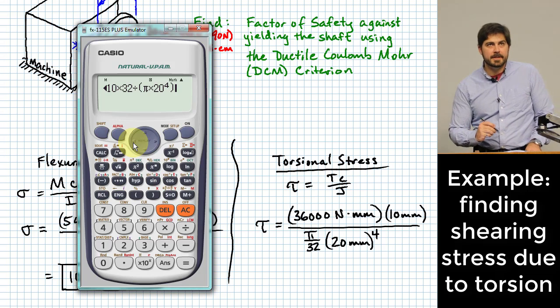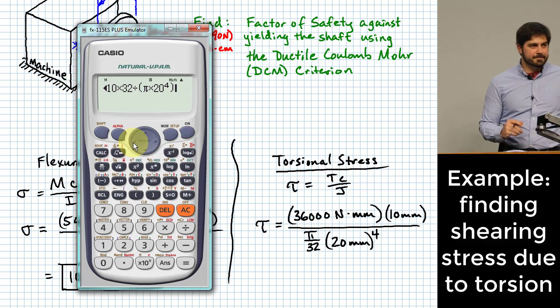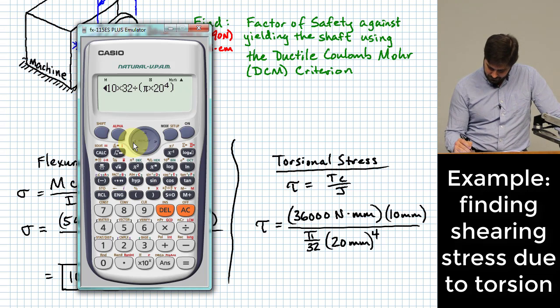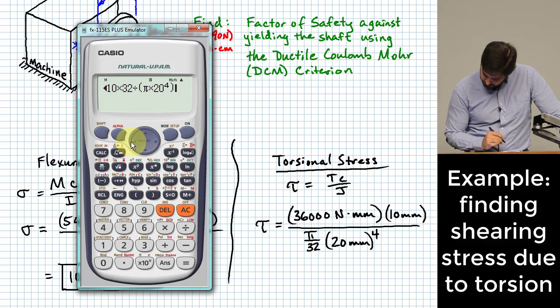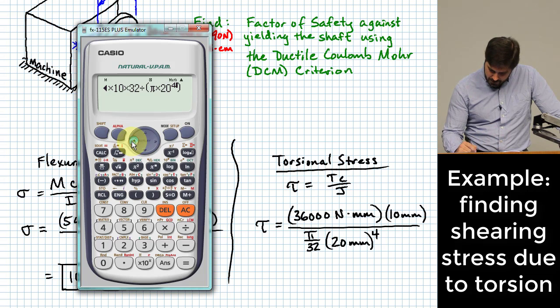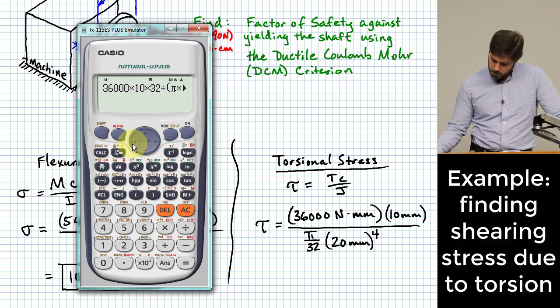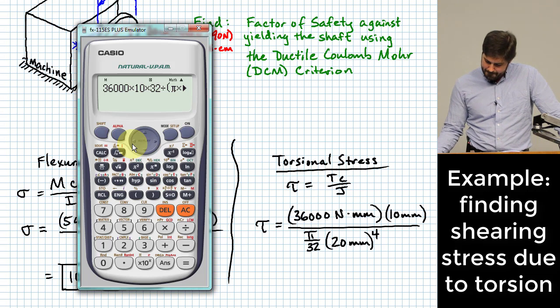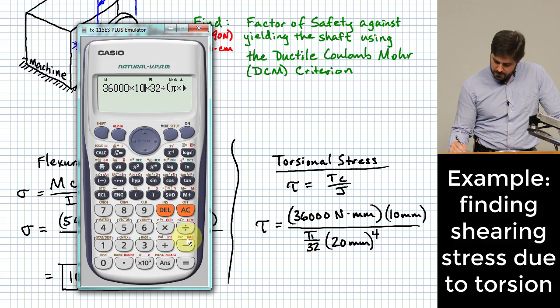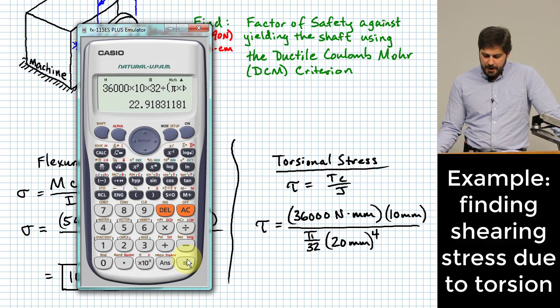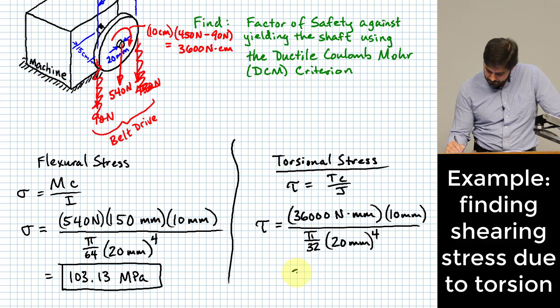Seems a little bit low, but it could be correct. All right. 22.91 or 92. Let me check.